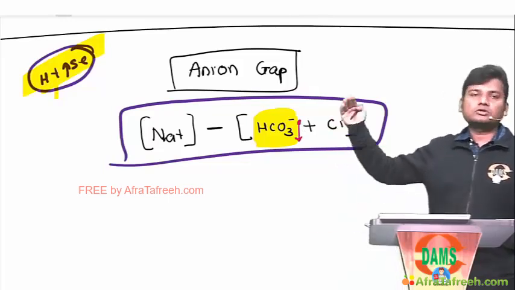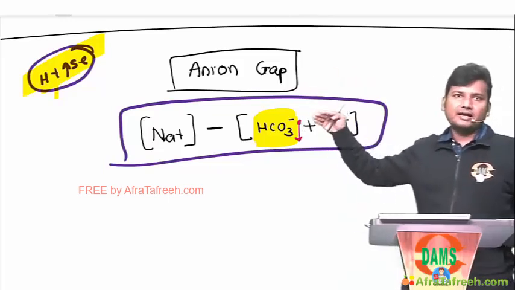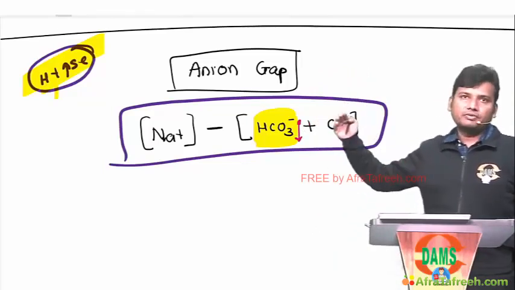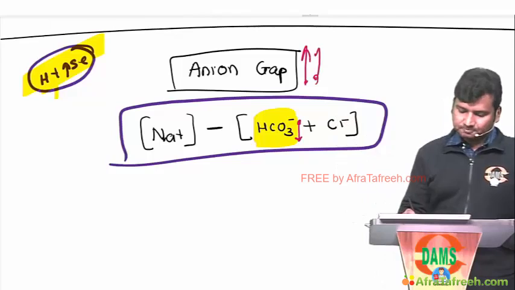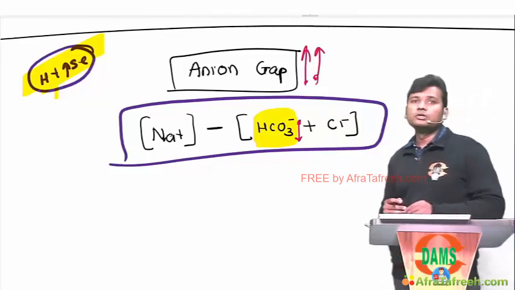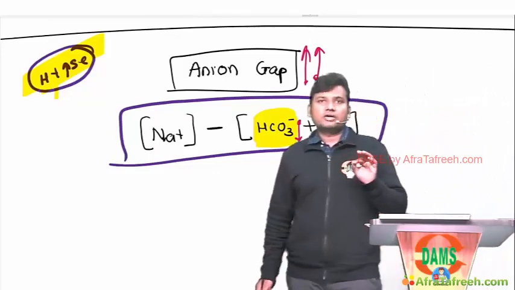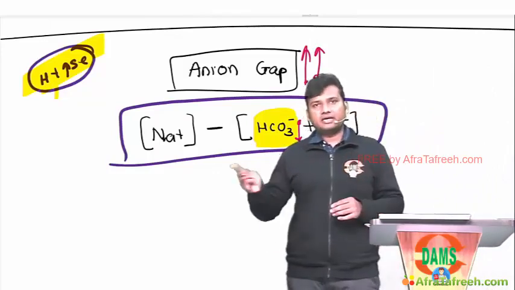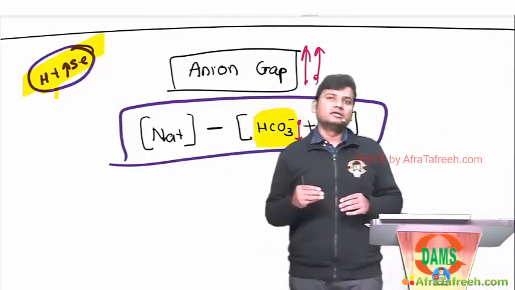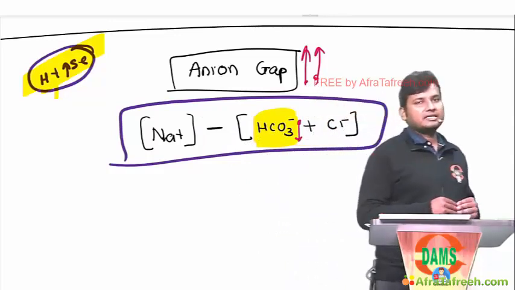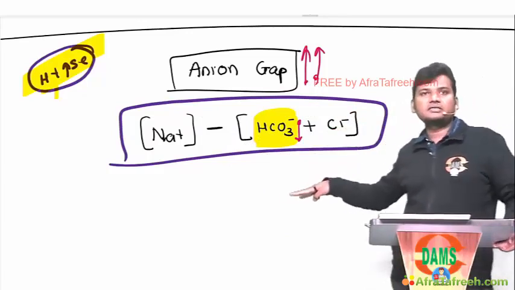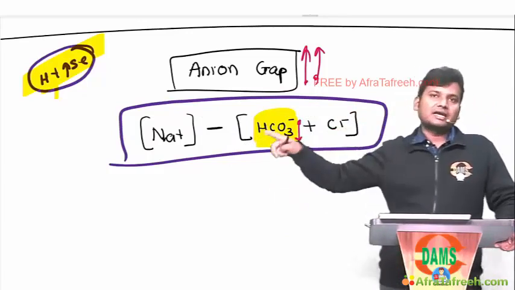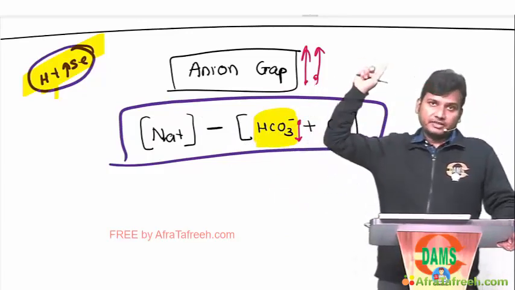So because of increase in H plus, bicarb decreases, and because of decrease in bicarb, anion gap will increase. So first MCQ, in diabetic ketoacidosis, anion gap increases. Second, reason for increase in anion gap is decrease in bicarb. And reason for decrease in bicarb is H plus, and reason for H plus is ketones.